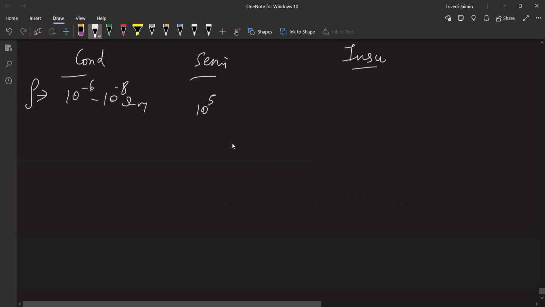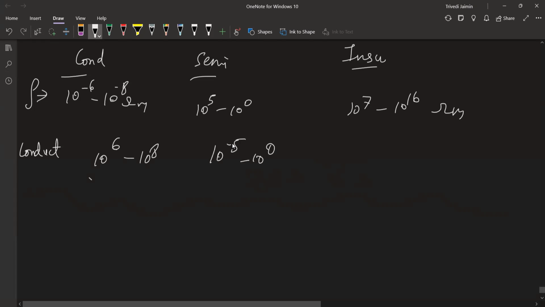Semiconductors: 10 to the power -5 to 10 to the power 0. Insulators: 10 to the power 7 to 10 to the power 16. Conductivity is reverse of this: conductors 10 to the power 6 to 10 to the power 8, semiconductors 10 to the power 5 to 10 to the power 0, insulators 10 to the power -7 to 10 to the power -16.